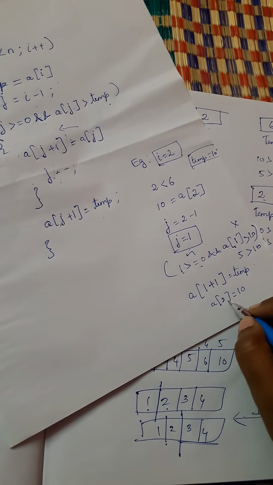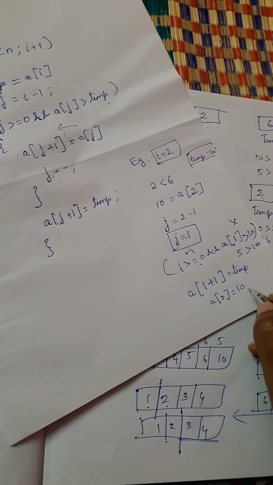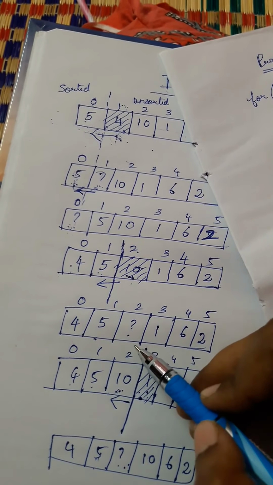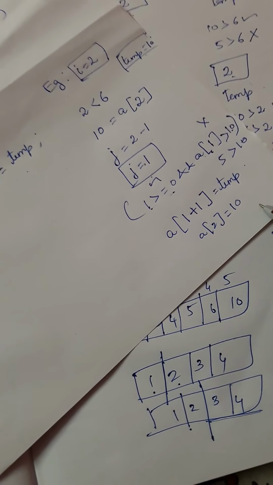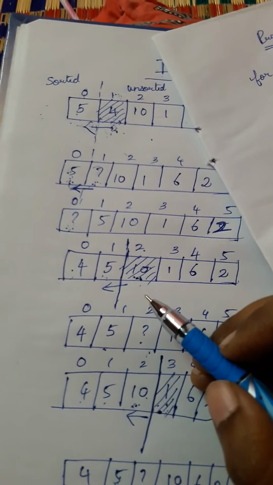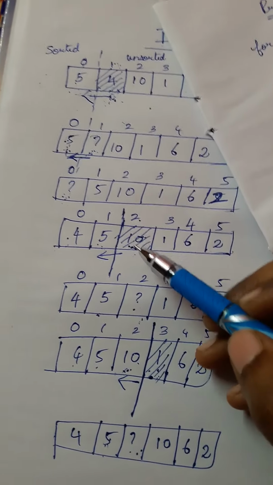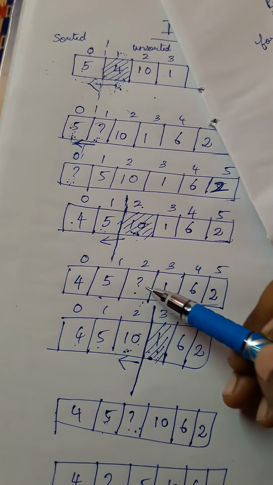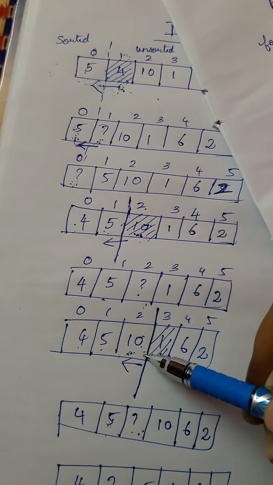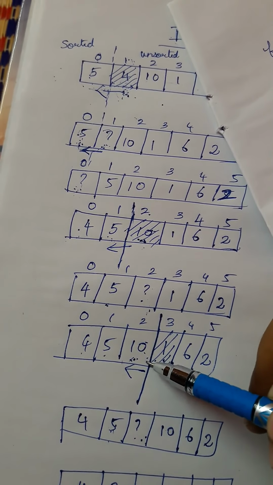So at the position A of 2 we need to put the value 10. See this step in the program: A of 2 is equal to 10. The while loop condition failed, so I put the value 10 at the A of 2 position.